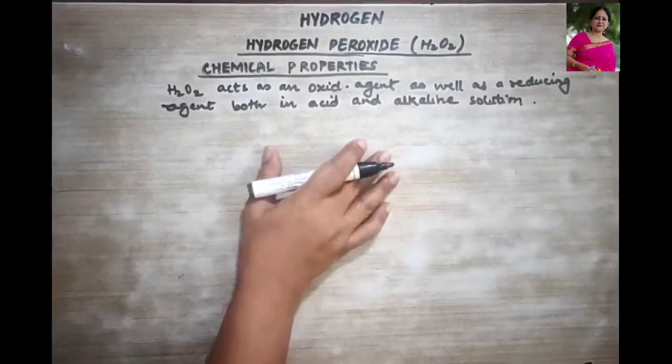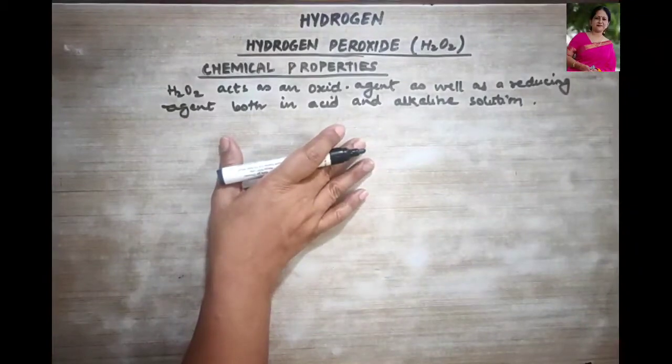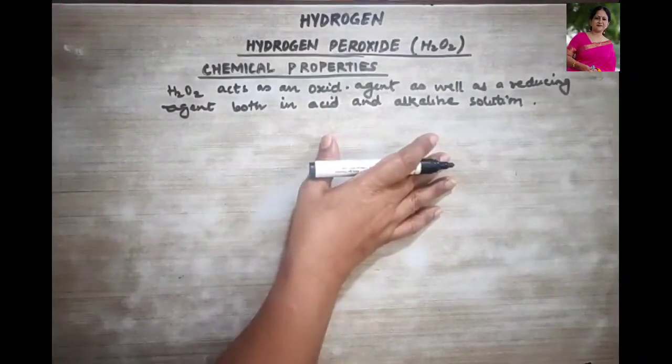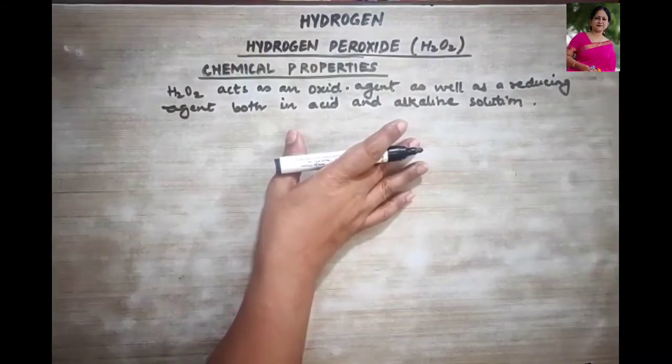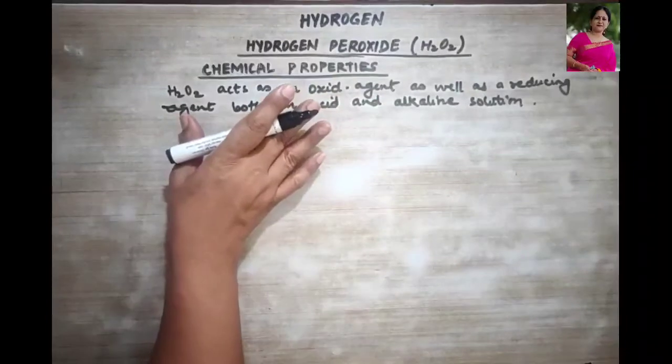Clear? Now here I am also going to explain to you the mechanism of how it acts as an oxidizing and as a reducing agent. Okay, so let us understand that.